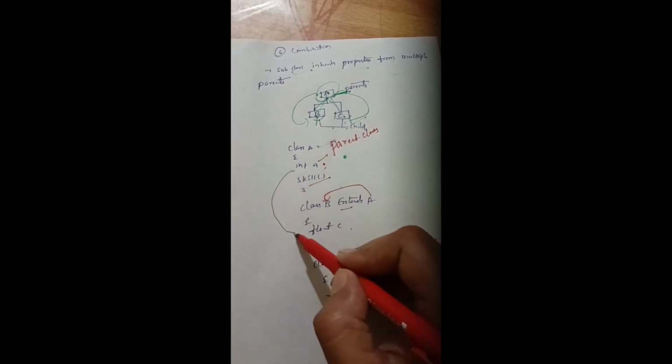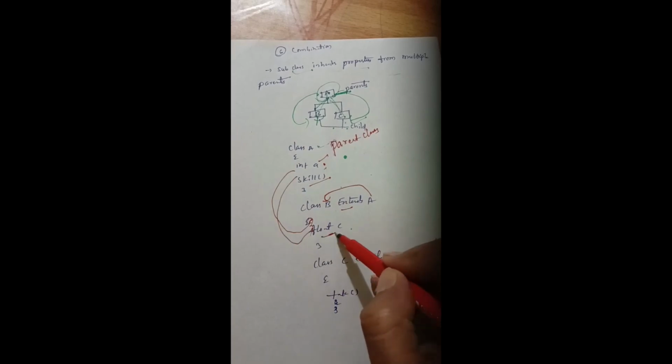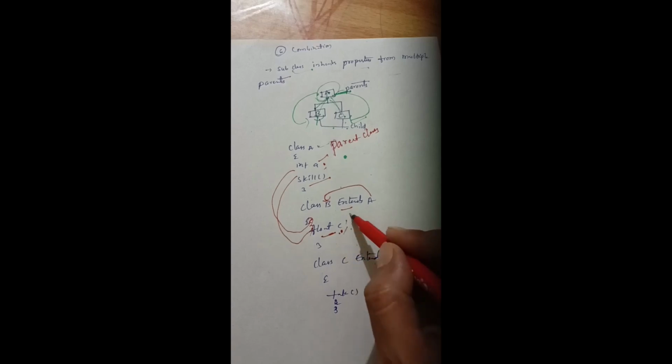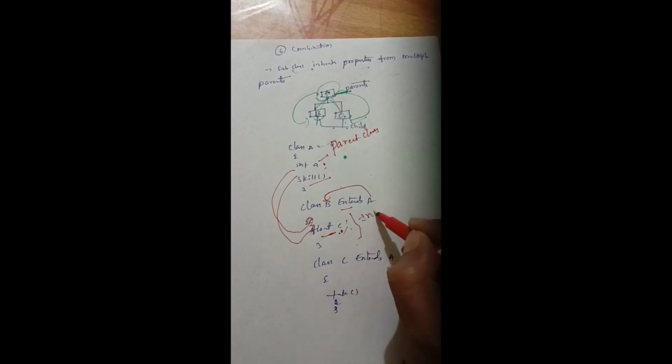How many properties are available? This is also available, and skill method is also available. Extra, we can add float C also, one variable added in class B. Total how many properties are available? Int A, skill method and next float C. These three are also available in class B.